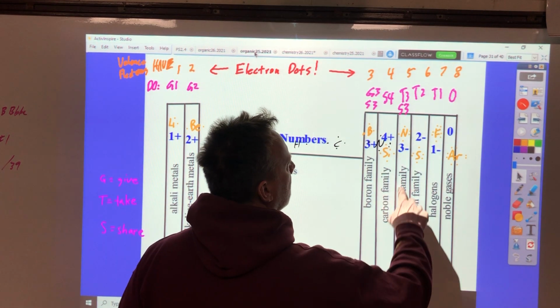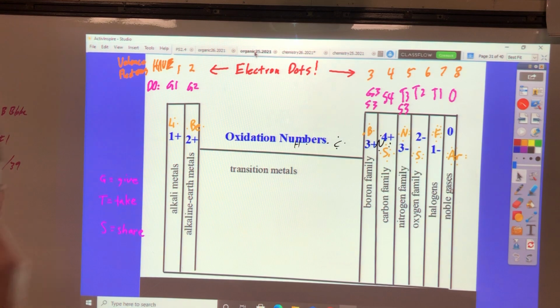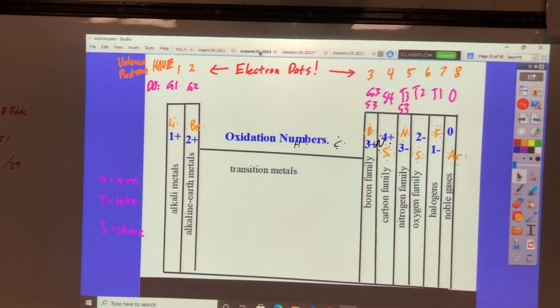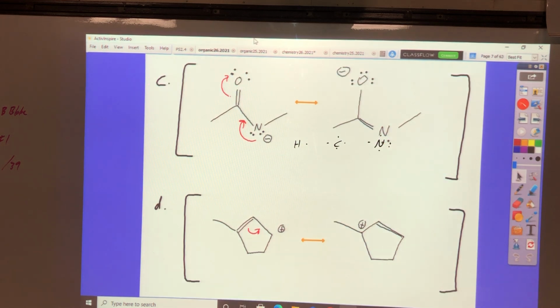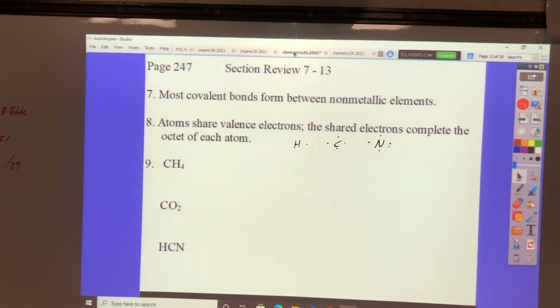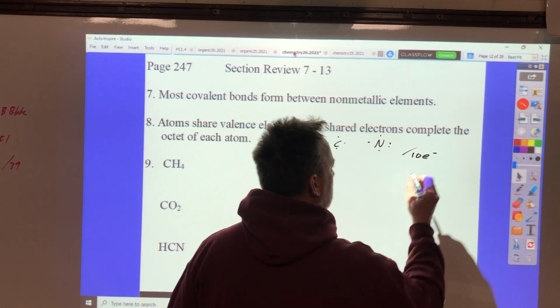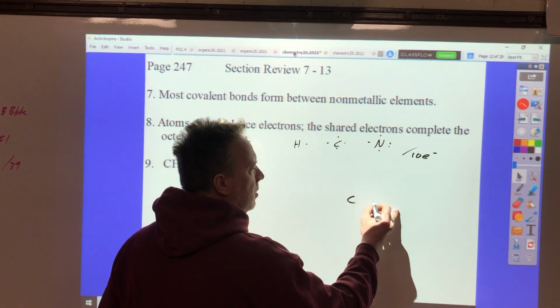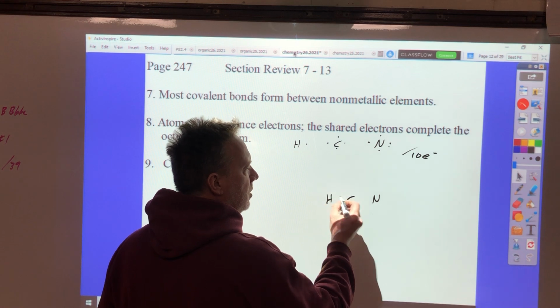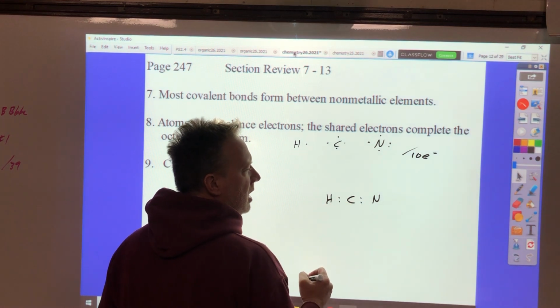Nitrogen is up here. Has 5 column, takes 3, but it's going to share 3 because we're talking about covalent bonds. Okay, that total is 10. Put the carbon in the middle because it almost always goes in the middle. Shared pairs, then give everybody 8.